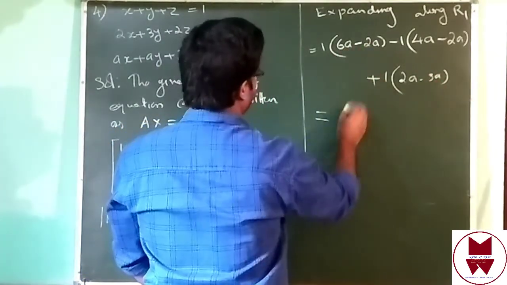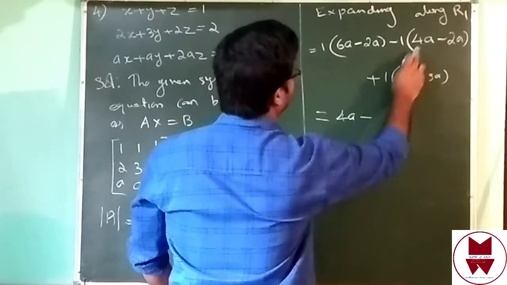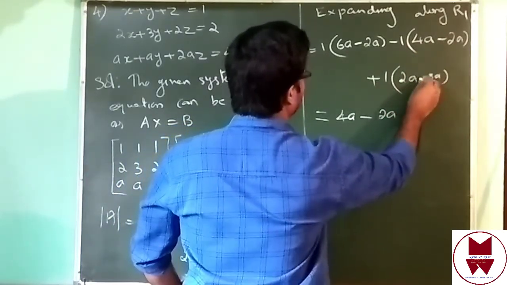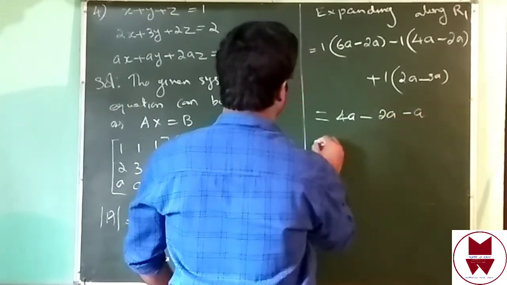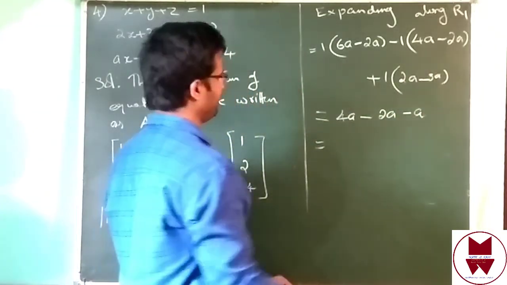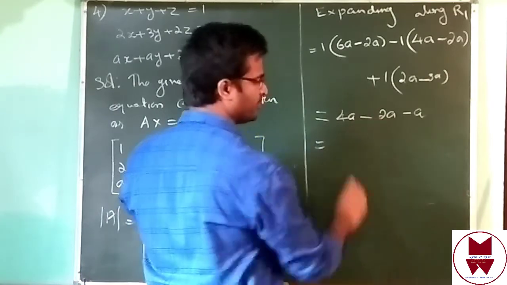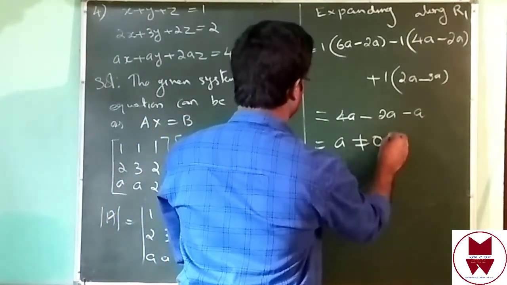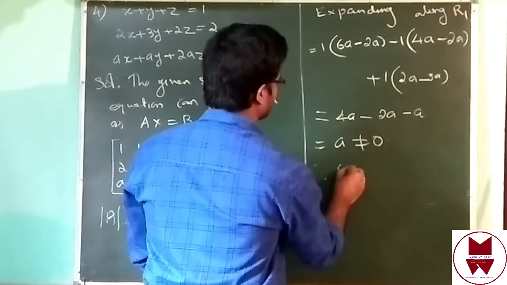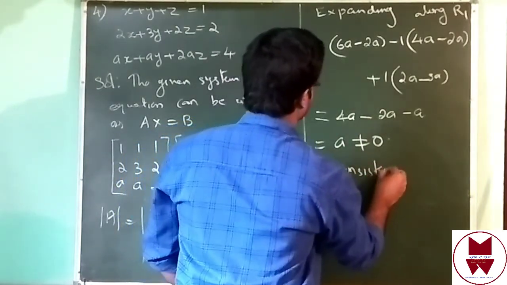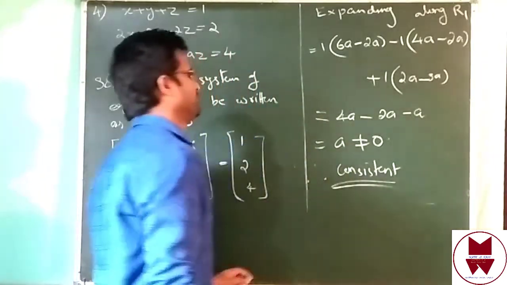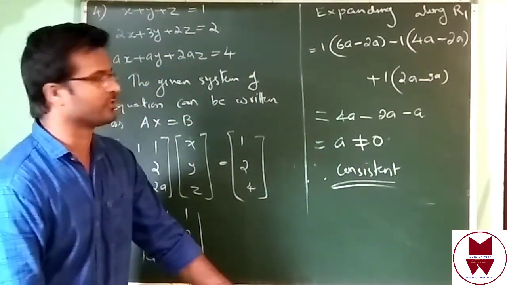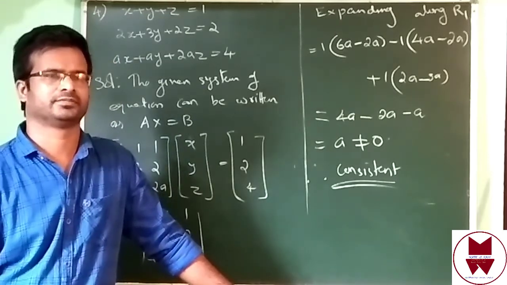We will get 6a minus 2a, 4a, minus 4a minus 2a, 2a, plus 2a minus 3a, that is minus a. 4a minus 2a, 2a, then minus a, you will get a, not equal to 0, therefore consistent. The given system of equations is consistent. Then the remaining questions, number 5 and 6, you can do everything.